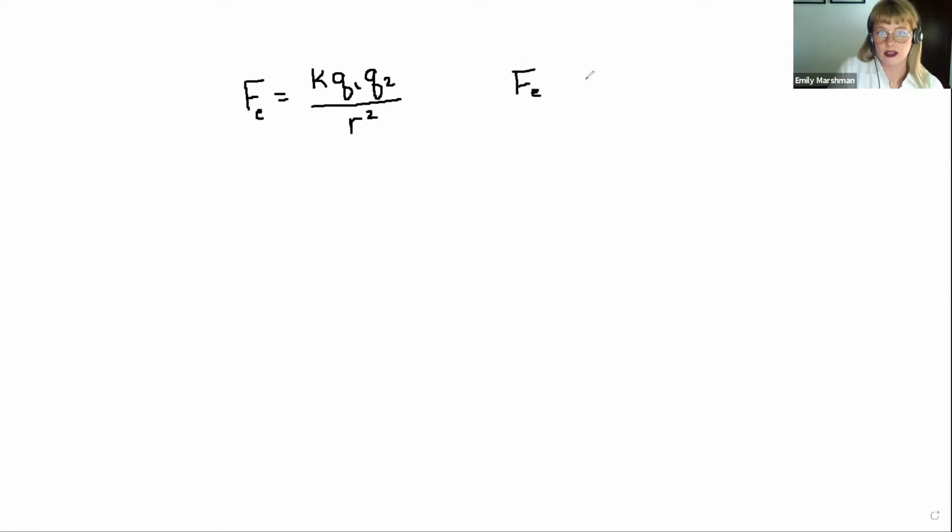F is the electrostatic force. And that force we saw can be attractive if you have two oppositely charged objects, or it can be a repulsive force if you have two of the same sign of charge, like two protons or two electrons.